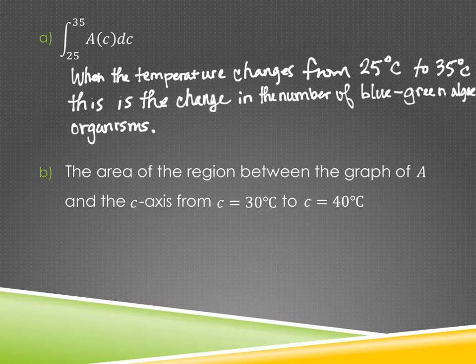So what I'm going to write down is going to look an awful lot like what I just wrote down. I'm going to start out with when the temperature changes, okay? But what are the numbers that I'm going to use instead? Yeah, the 30 and the 40.